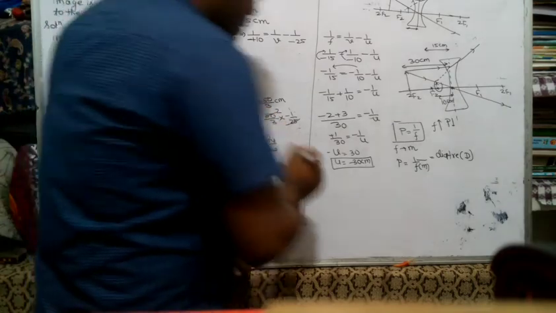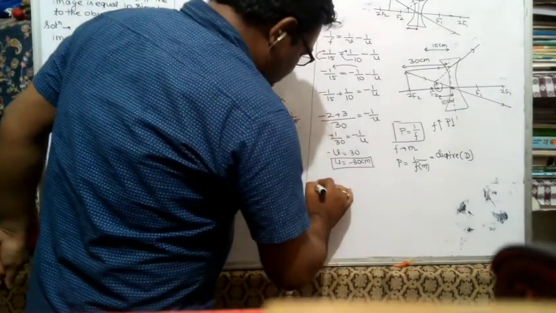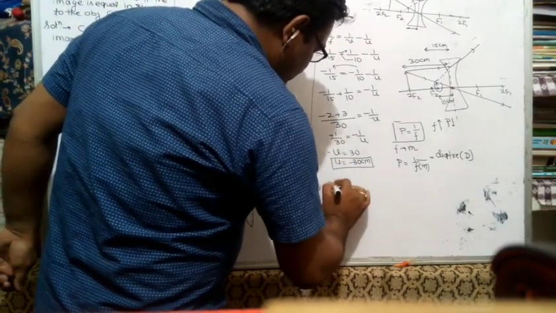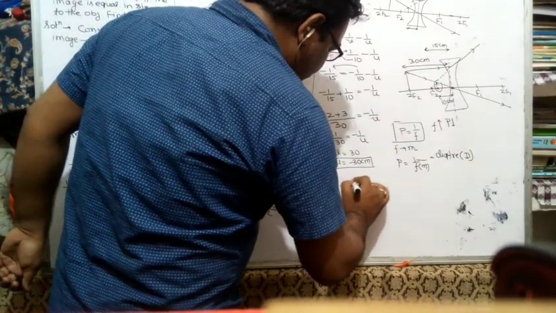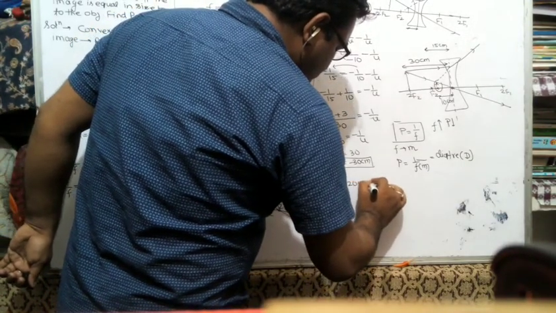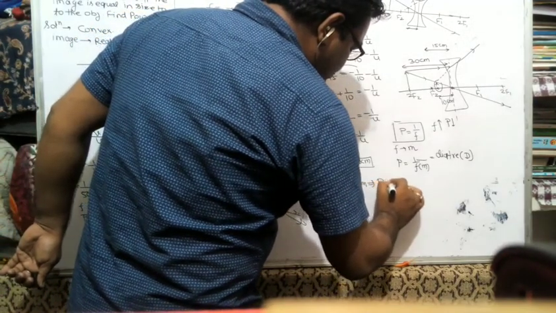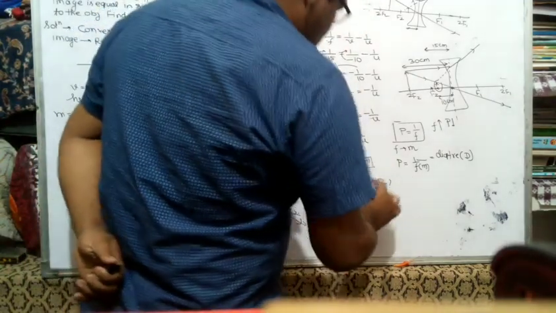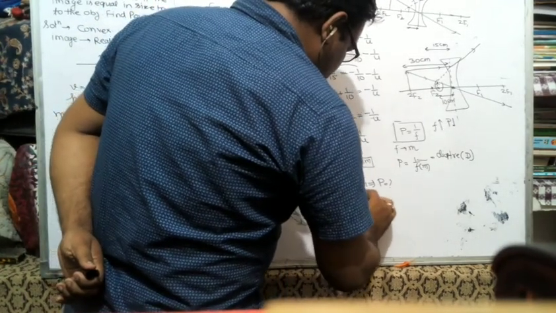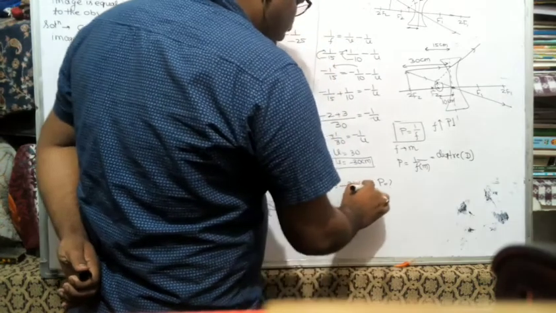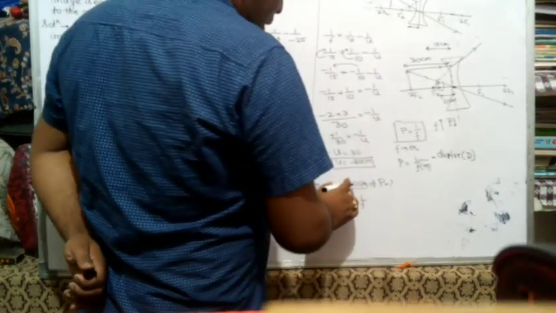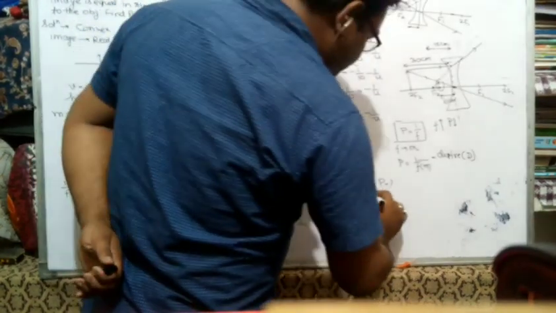Now some question. Focal length is minus 20 centimeter. Find the power of the lens. Look at this. Power is equal to 1 upon f, but f must be in meter and here it is in centimeter.